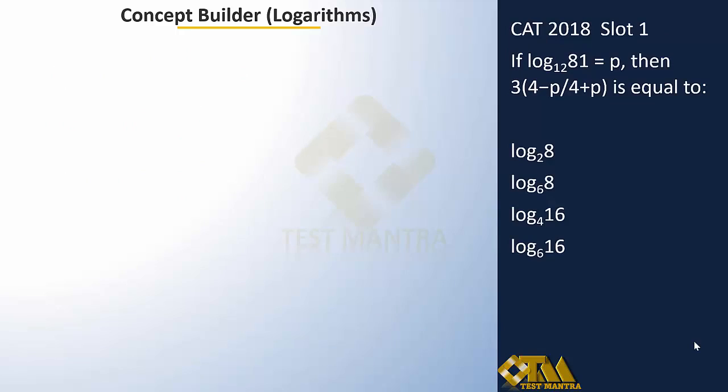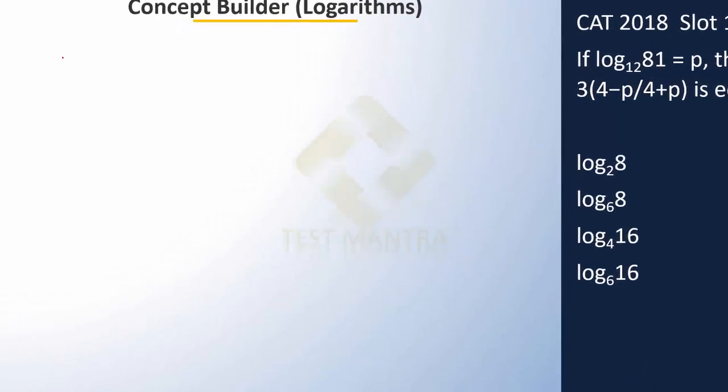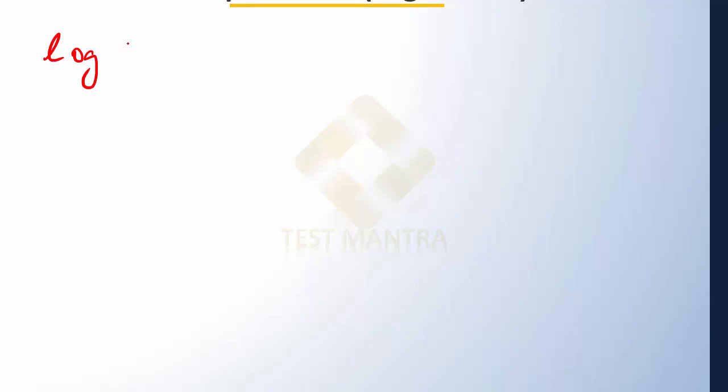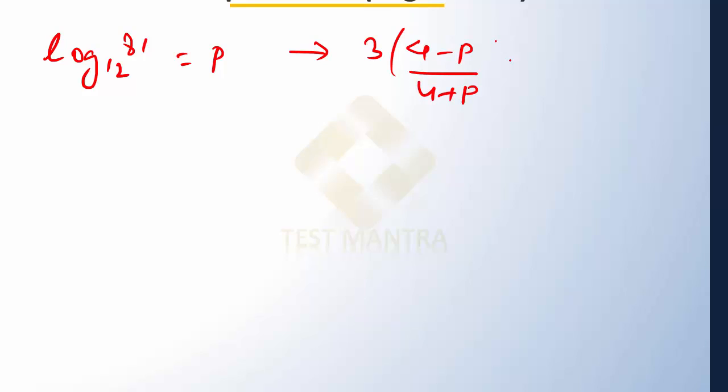Okay. So now it's given that if log 81 to the base 12 is equal to p, then 3 into 4 minus p divided by 4 plus p is equal to. Okay, so let's try to convert this value first. See here, if you go through the options, they have the base as 2, 6, 4 and 6, which are nothing but the factors of 12 itself.